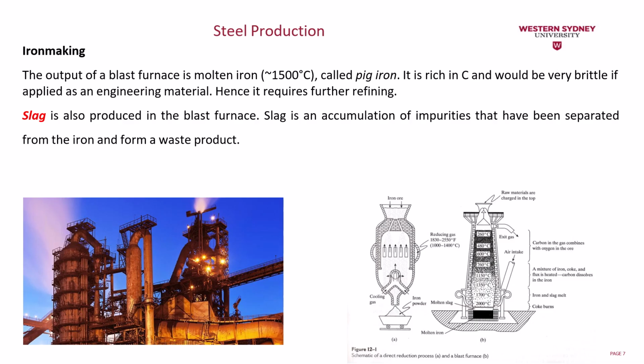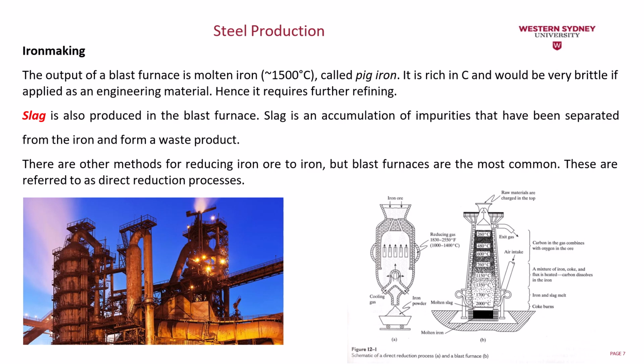We call this slag. So the iron or the carbon, whatever it is, will have some impurities, for example coming from the sand, during the extraction process, and this can be removed very easily.